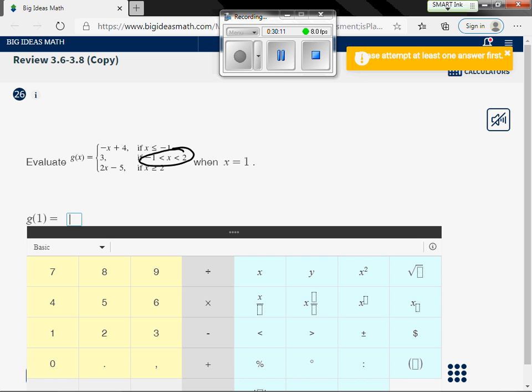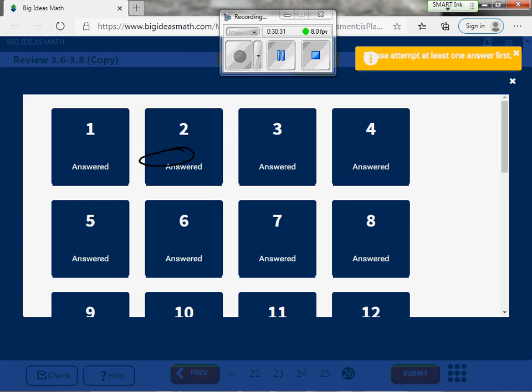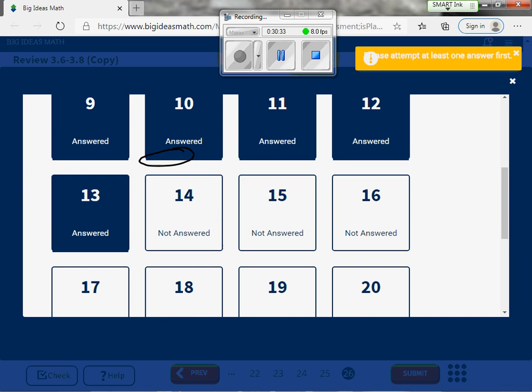So here it just says this is equal to 3, because there's no x, it's just 3. And that's it. That's all we have to do for these here.